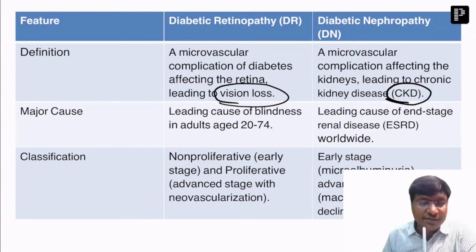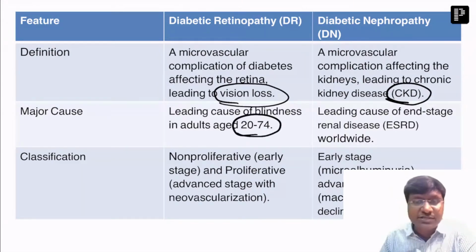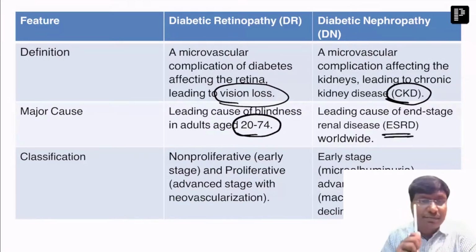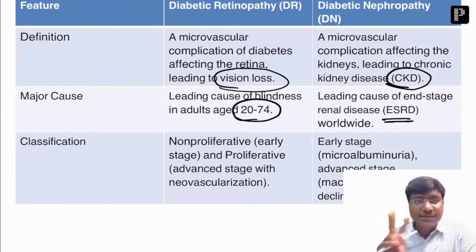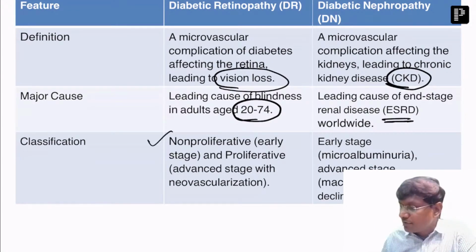Then, diabetic retinopathy, as I have said, is a major cause of blindness in the age group of 20 to 74 years. And diabetic nephropathy is the most common cause of end-stage renal disease where there is requirement of dialysis. And in diabetic retinopathy, we have two types: one is non-proliferative and the other one is proliferative diabetic retinopathy.